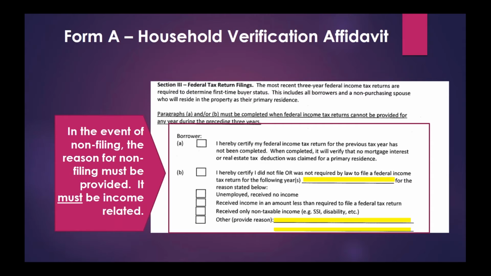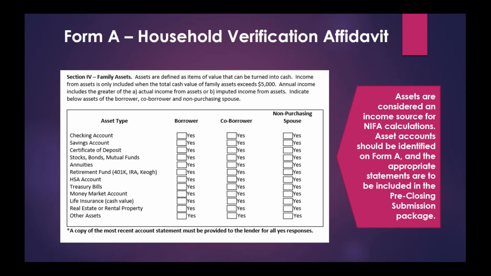Being a student or being claimed by the parents is not an IRS acceptable reason, however, but an acceptable reason in the other category would be, for example, if they didn't live in the United States during that year or years. The next section is for all family assets, and it's broken out based on borrower, co-borrower, and non-purchasing spouse, as NIFA does count all assets towards our income calculation.